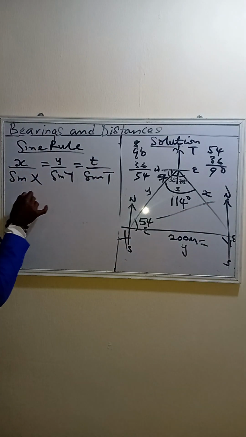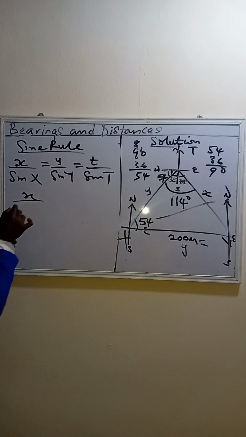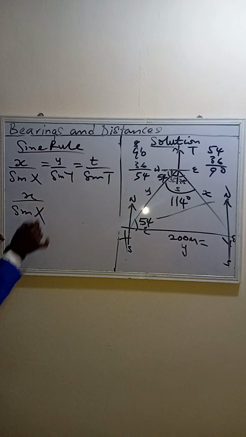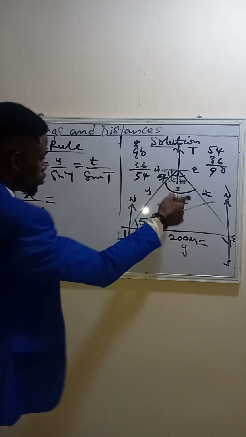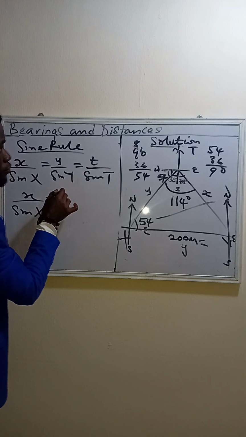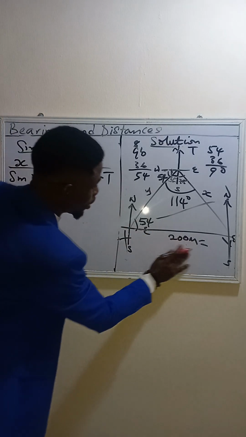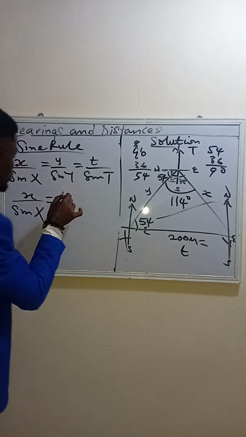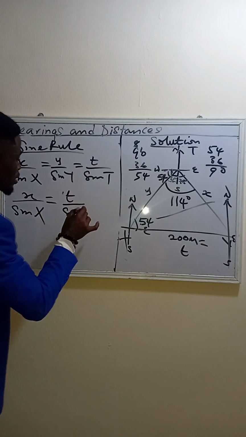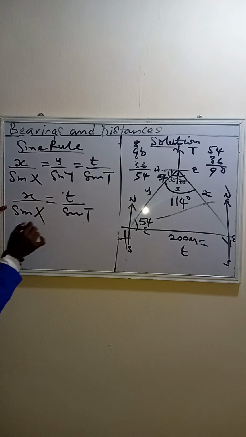So we are going to have s divided by sine capital S equals, this side is a complete side, t over sine capital T. What is sine L? We don't know. You just write down your s.